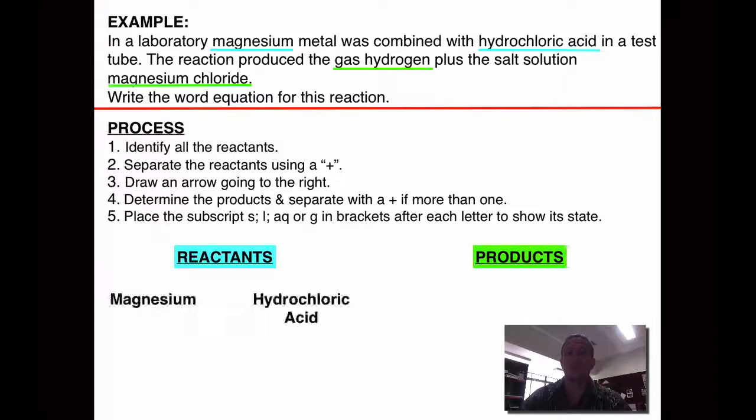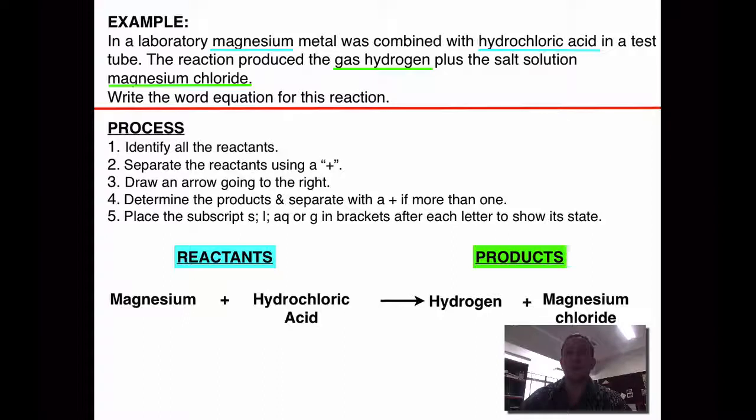Okay, so the next step is to pull these down. So we pull the reactants down, the magnesium and the hydrochloric acid. They go on the left hand side. Then an arrow which shows that when these combine they produce, and the products are hydrogen and magnesium chloride, and then we put a plus between them because there's more than one.